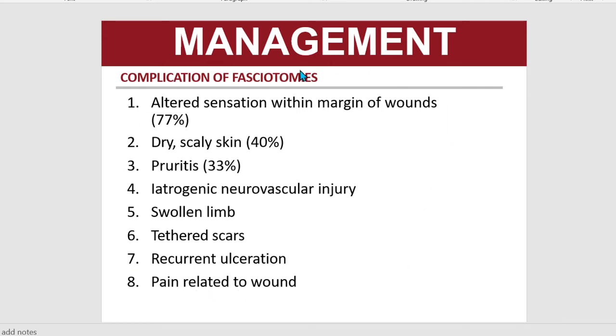All of these need to be addressed by the PT, except pruritus, which is itching and is treated with medication. For dry skin we have skin care, and foot care for diabetics, as in the book. Then swollen limbs and scars.